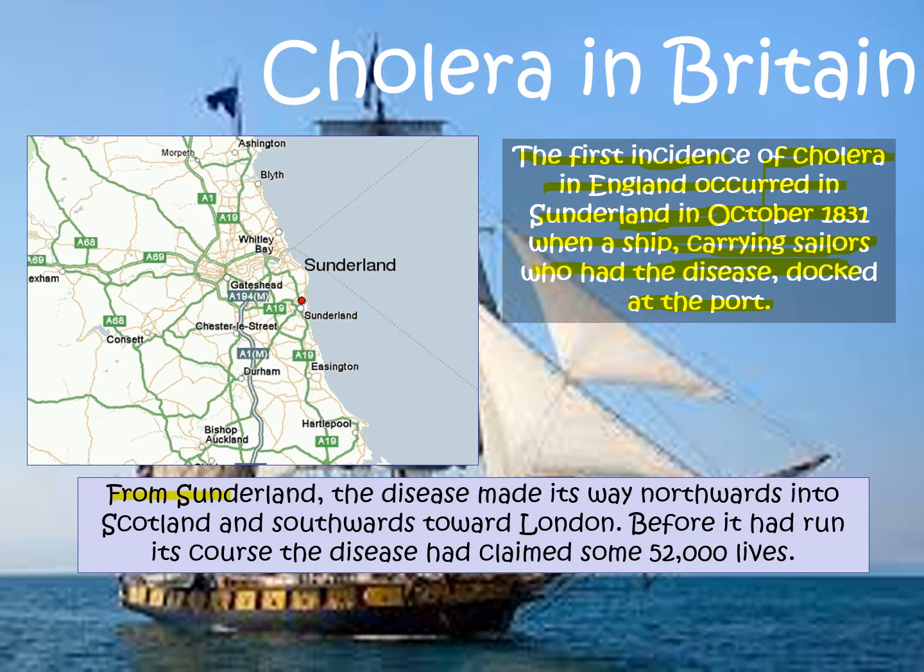However, from Sunderland, the disease then did spread northwards into Scotland and southwards down towards London. Before it had actually run its course and disappeared again for a while, it had claimed roughly 52,000 lives.